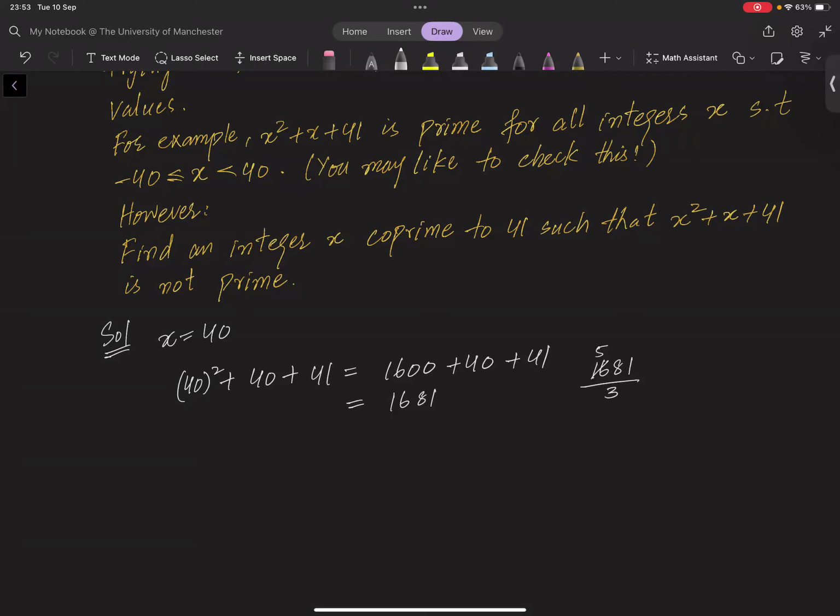You'll find some number that divides it. Is 1681 prime or not?